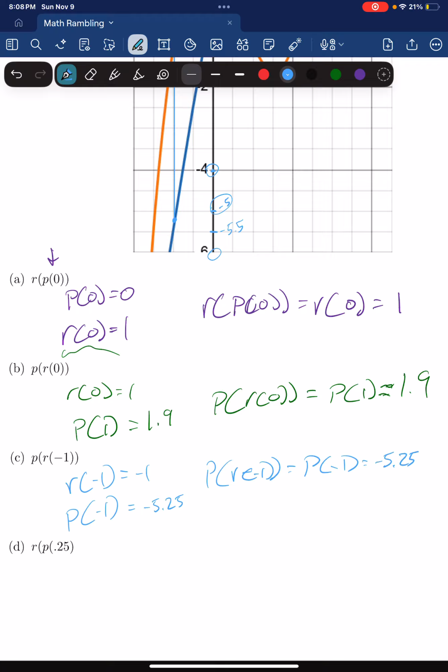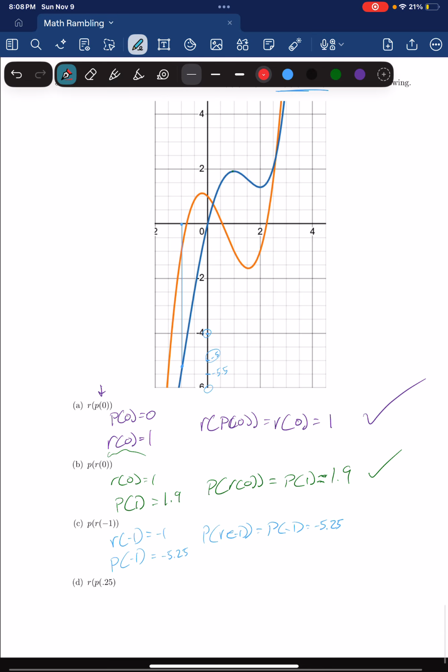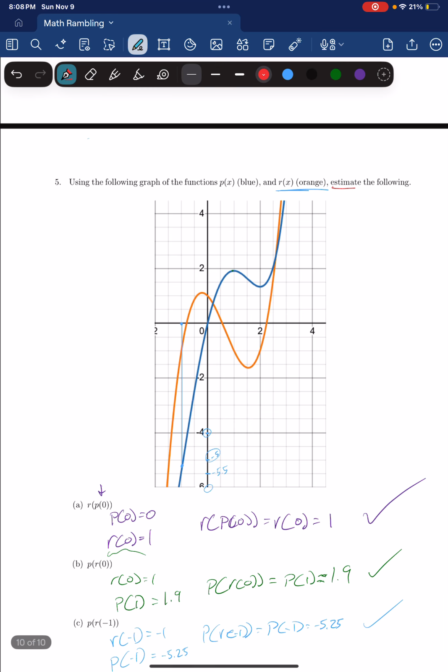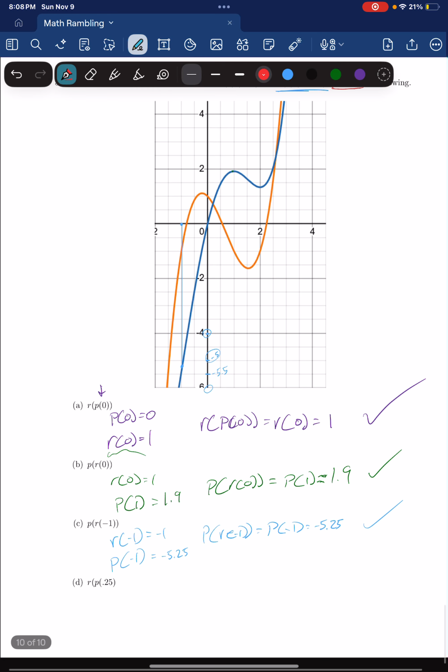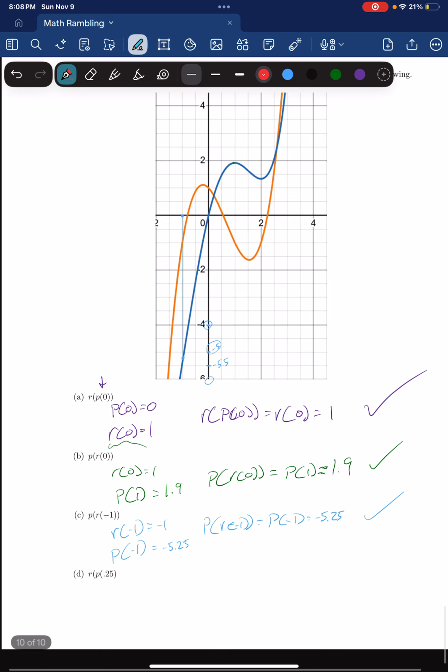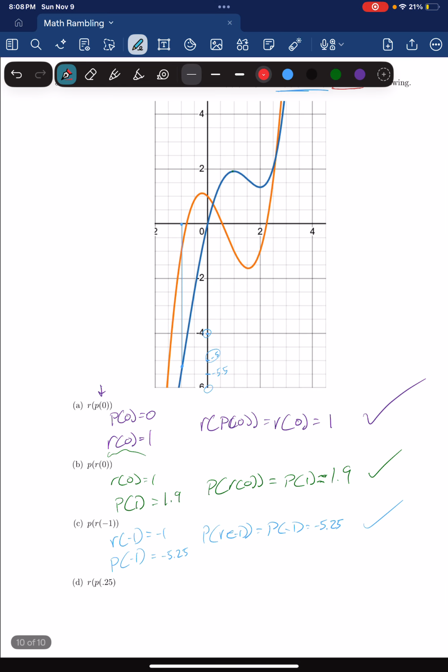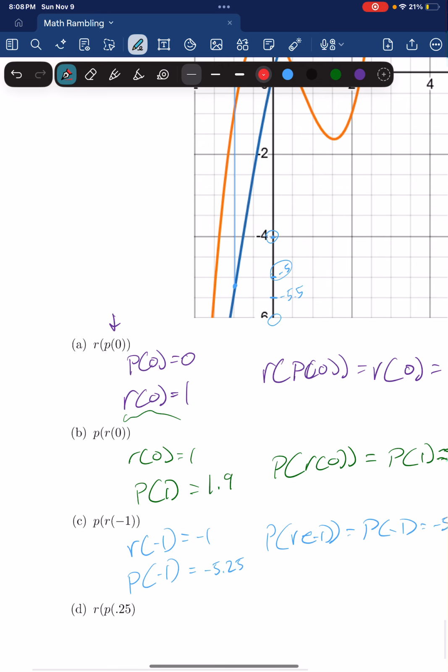That's an acceptable answer. Now I'll ramble on. If your answers are slightly different, that's okay, because it does say estimate, right? Some people are more accurate. Maybe you're a much more accurate looker at graphs than I am. It's very possible. I wouldn't doubt it even.